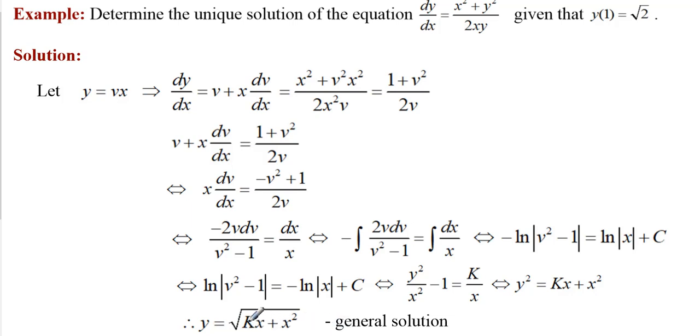And because of the k here, which is an undetermined constant, we would call this a general solution. But our equation gave us a condition which says y at 1 is equal to square root of 2. That we're going to use to find the particular solution.